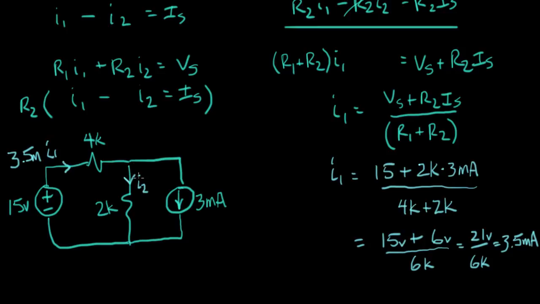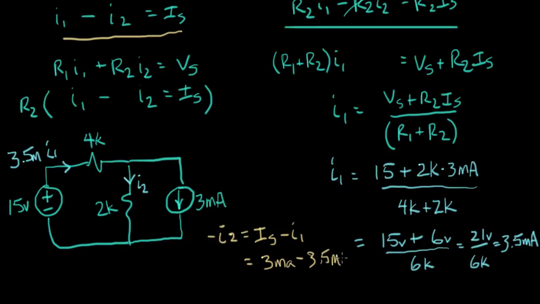So we have one of our unknown currents, and we want to find the other one. That's sitting right here. We can figure out I2. So minus I2 equals Is minus I1, equals 3 milliamps minus 3.5 milliamps, equals minus 0.5.